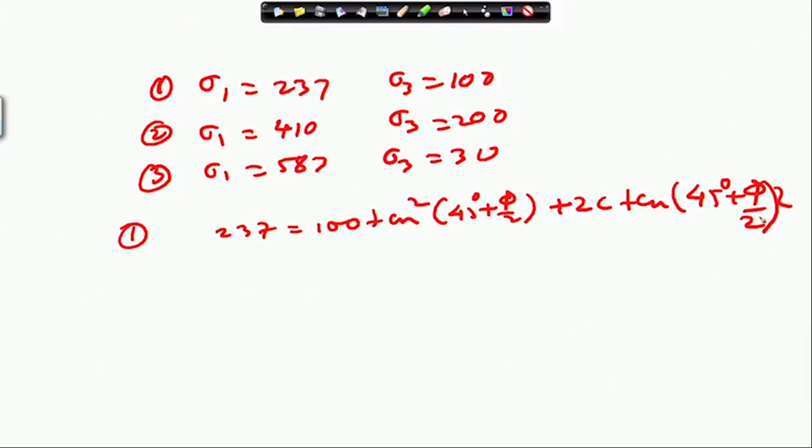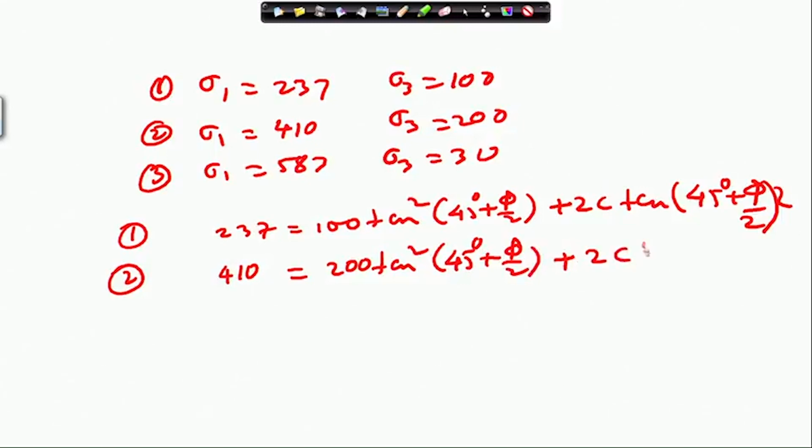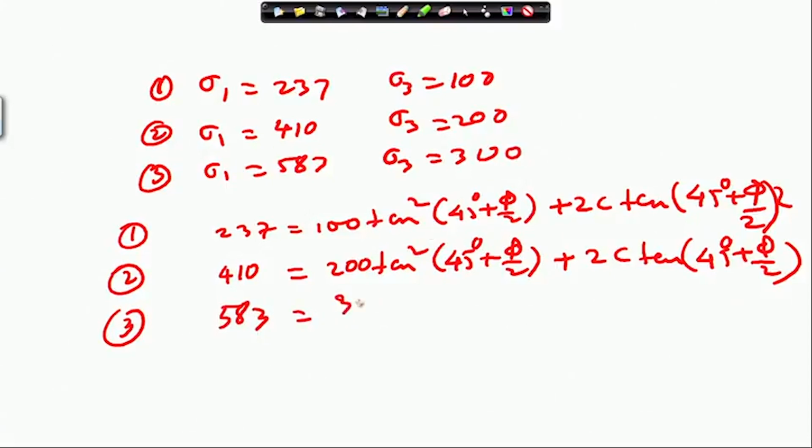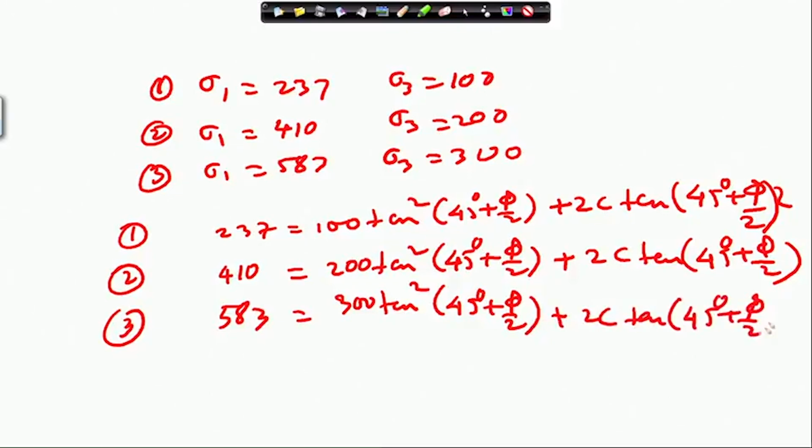Then from test 2, I can get 410 equals 200 tan square (45 degrees plus phi by 2) plus 2 c tan (45 degrees plus phi by 2), and from test 3, I can get 583 equals 300 tan square (45 degrees plus phi by 2) plus 2 c tan (45 degrees plus phi by 2).